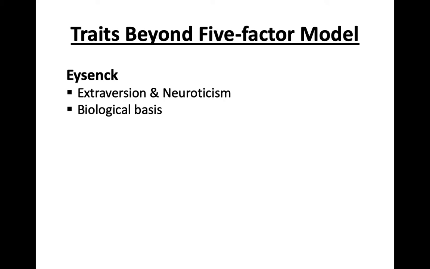So personality psychologist Hans Eysenck proposed one of the first comprehensive models. He suggested that extroversion and neuroticism were the most important dimensions to consider, and that by looking at these two major traits, we could account for many of the differences that we see between people in their personality.